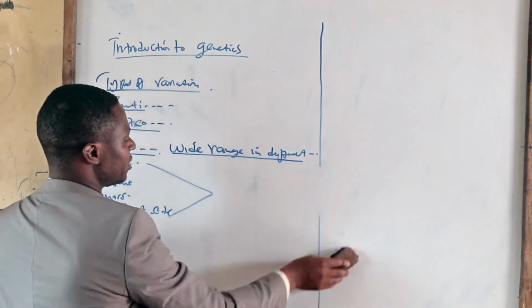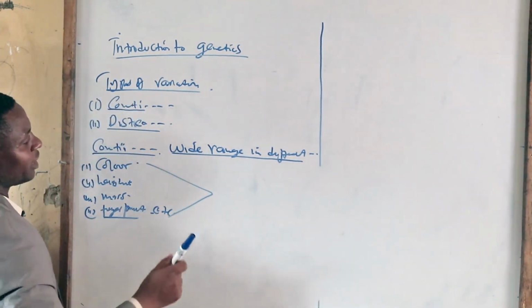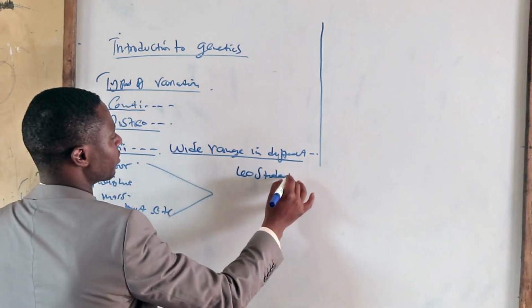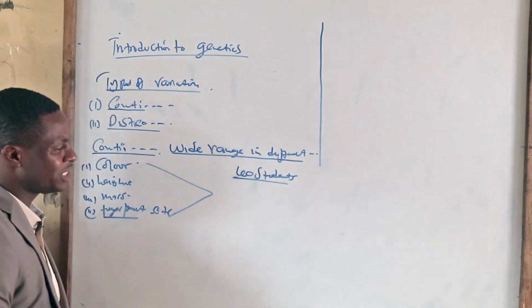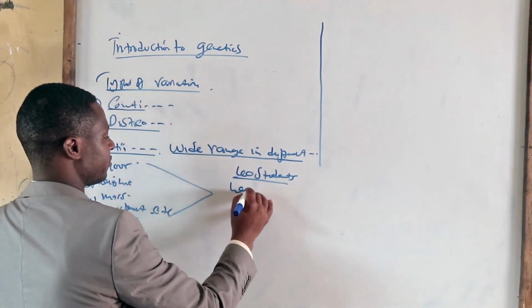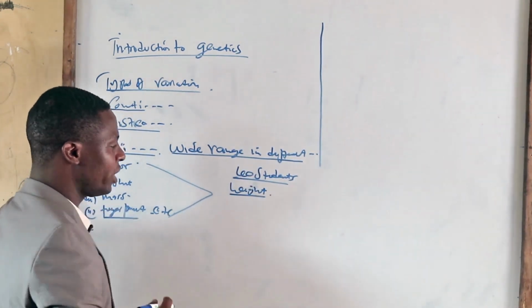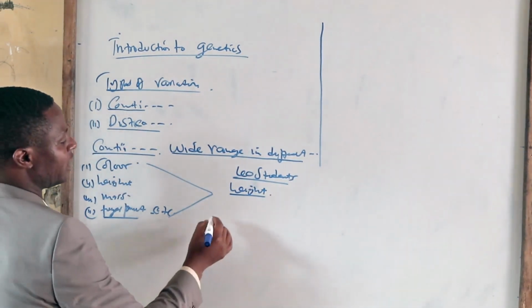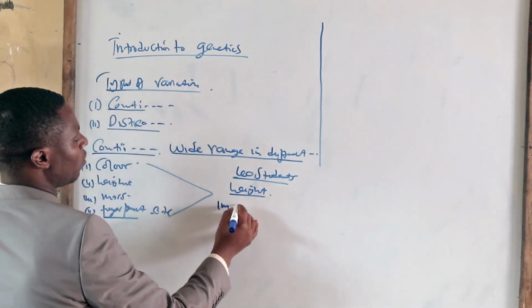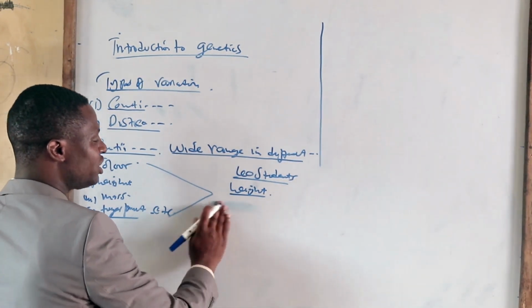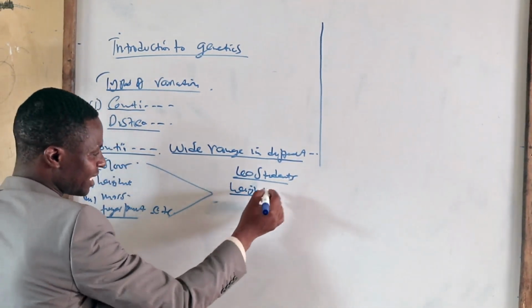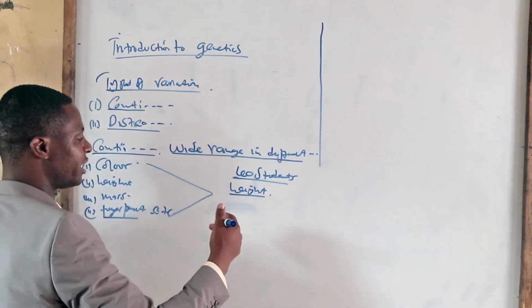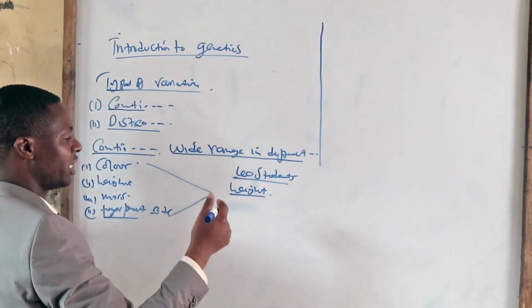In a class of 40 students, if you're supposed to determine their height, we cannot group them in terms of, let's say, those that are 1 meter, 1.5 meter. No. These students in that class are going to have different heights because each and every person has their own height.